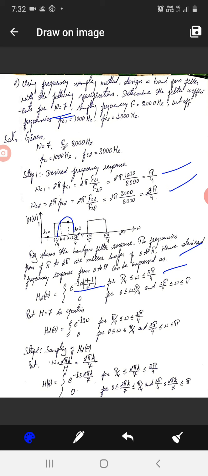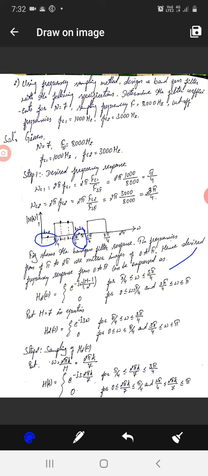Then for other values, from 0 to pi by 4, we don't have any signal here, for that reason it's 0. From 3 pi by 4 to pi also 0. This is the equation we will get.